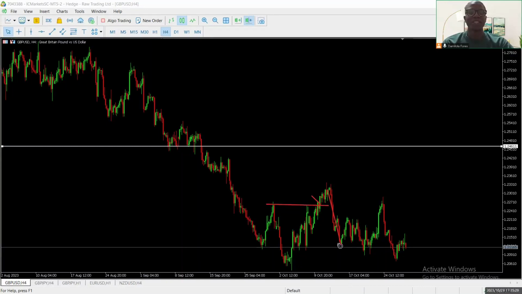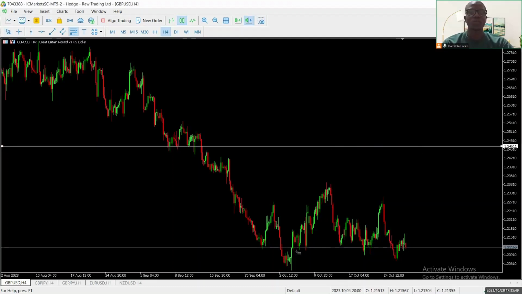When price gets to 61.8, buy pinpoint at 61.8, put your stop loss at the low and take it to your extended take profit. Buying at the 61.8 gives us a better risk reward because we are buying at a lower price point from where prices initially broke the structure.